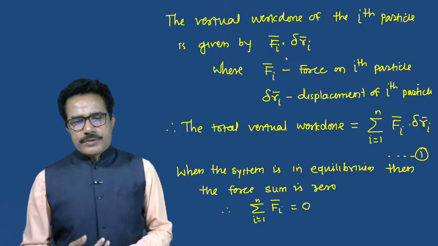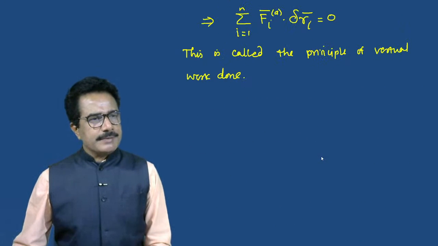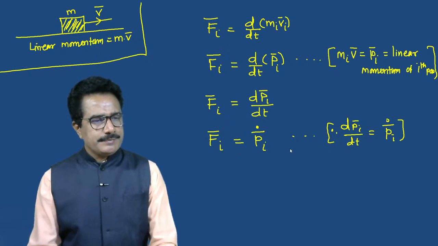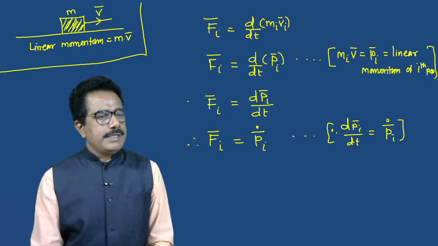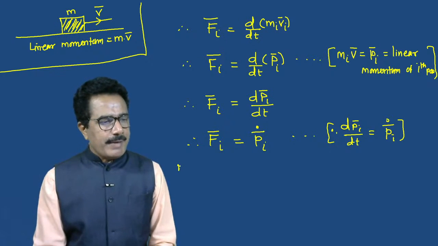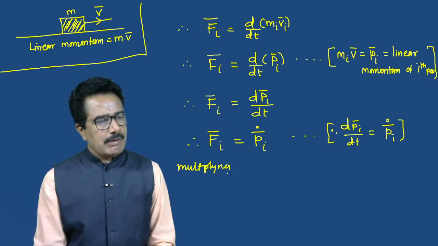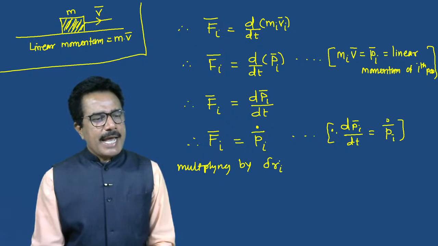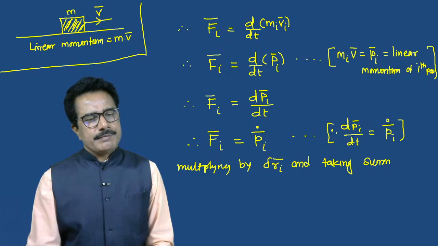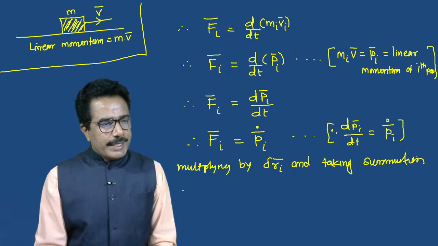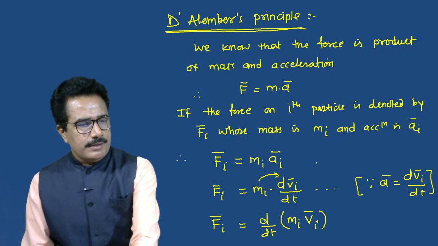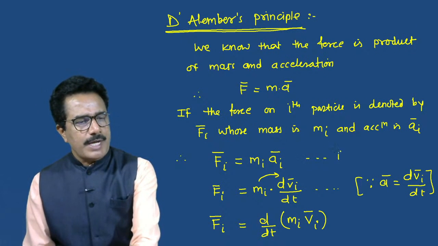Now multiplying by delta Ri bar on both sides and taking the summation. This is equation number 1.